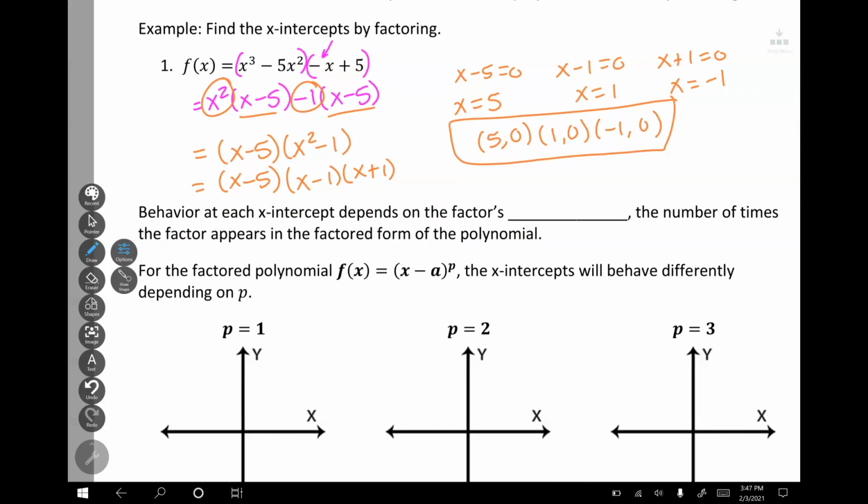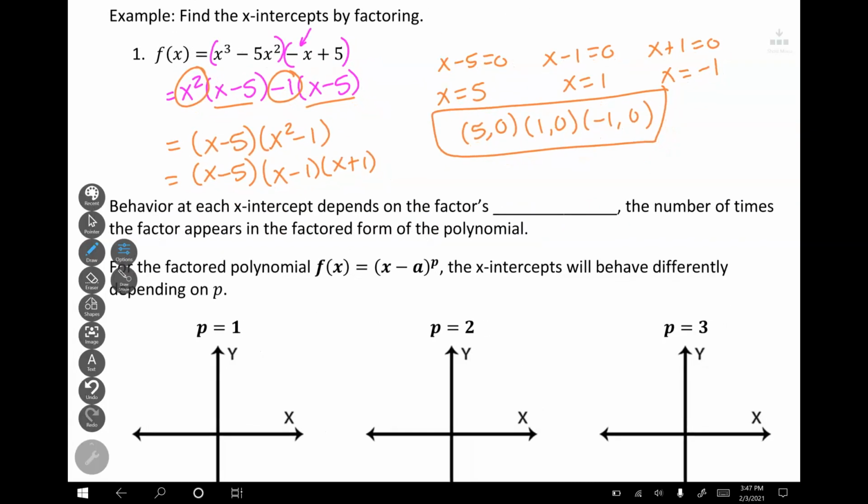Behavior at each x-intercept depends on the factor's multiplicity, which is the number of times the factor appears in the factored form of the polynomial.